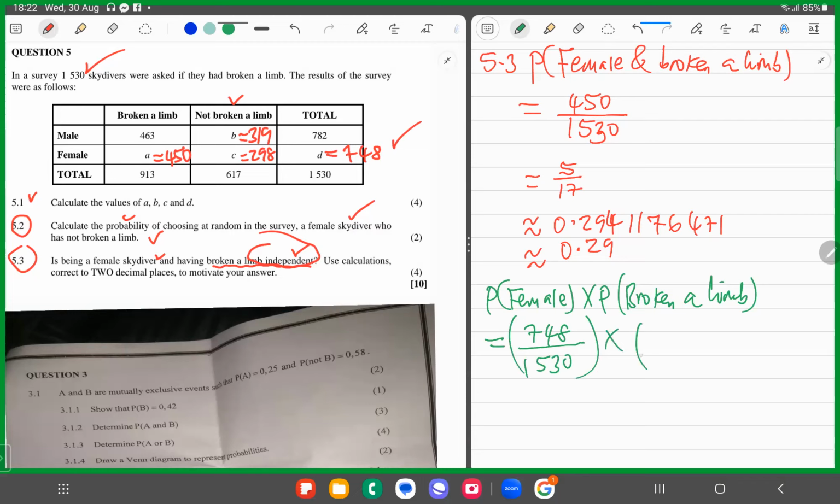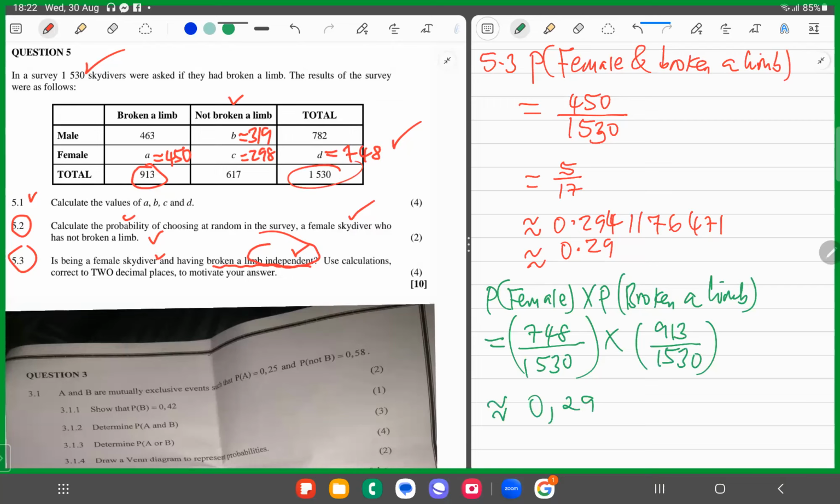Multiplied by the probability of broken limb. What is the total of broken limb? The total of broken limb is 913. We divide by the total, 1530. We go on to simplify this, and this is approximately 0.29.